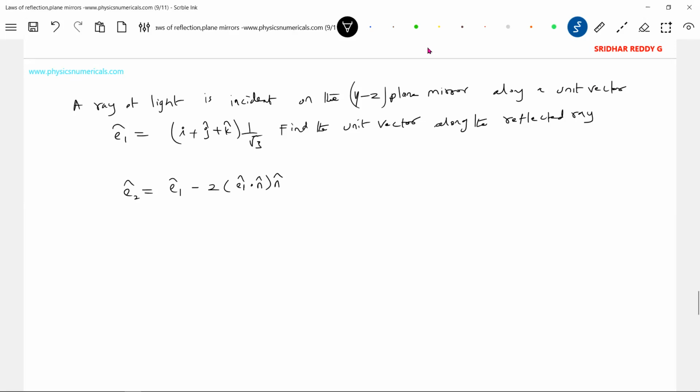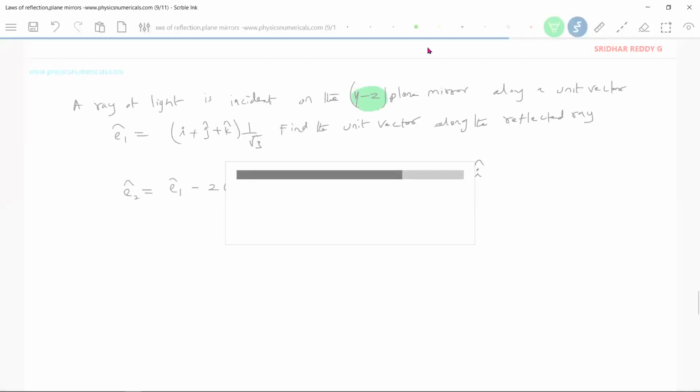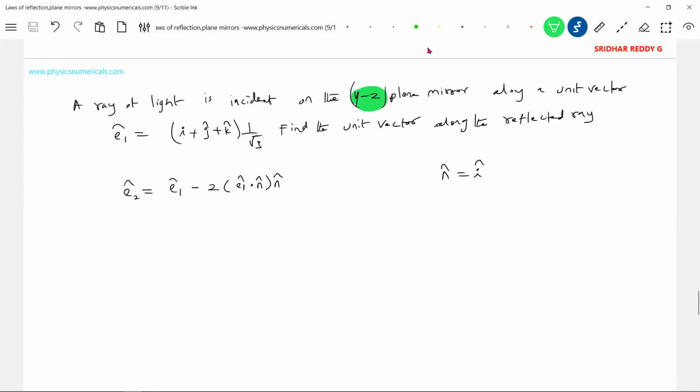So N should be I cap, because the mirror lies in the YZ plane. Therefore the normal vector should be perpendicular to the plane of the mirror. Okay, I agree with this. So the N cap should be equal to I cap.